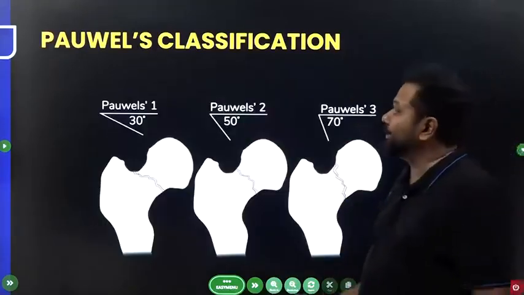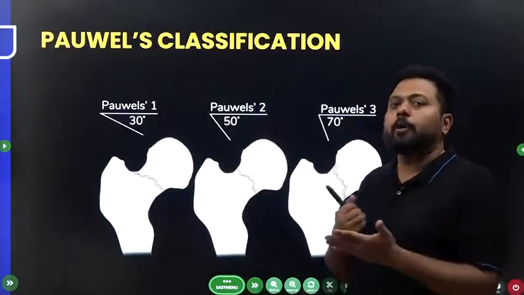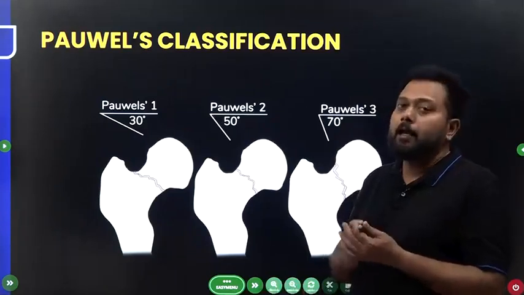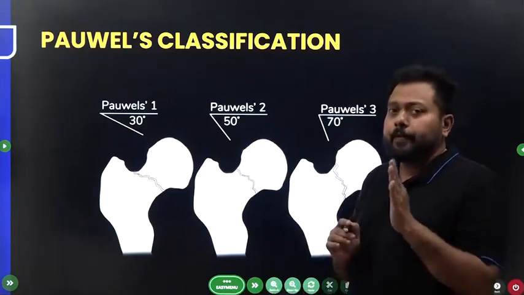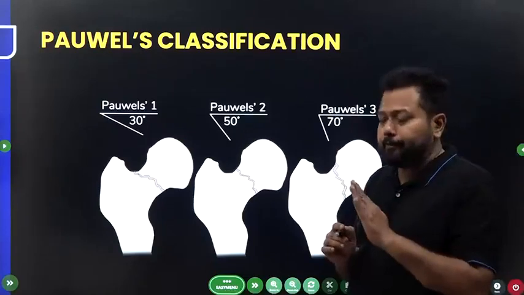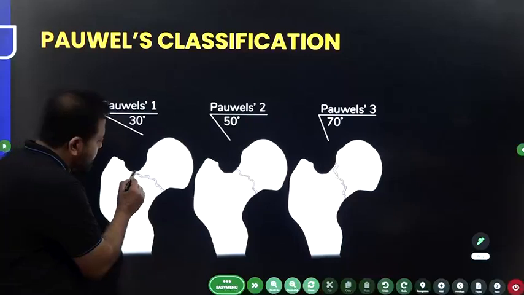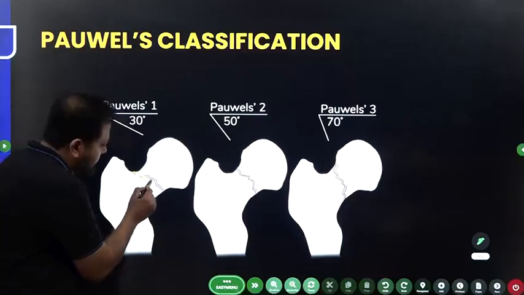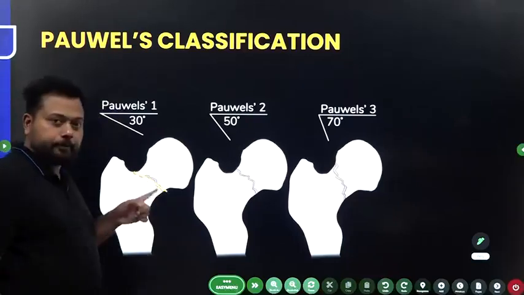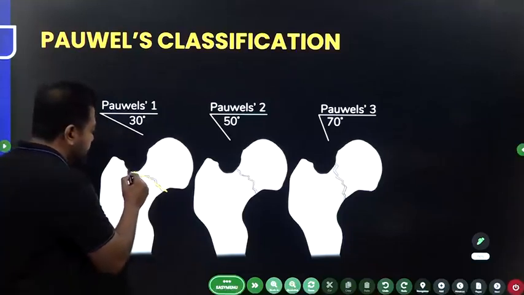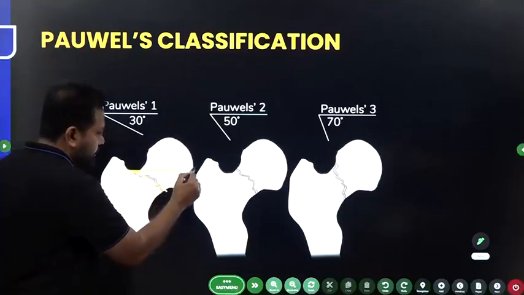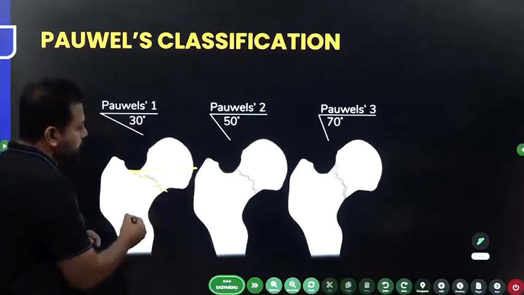Coming to Powell's classification, first you should know what Powell's angle is. When you draw a horizontal line, please watch closely here. This is the fracture line. You are drawing a horizontal line to the fracture line.